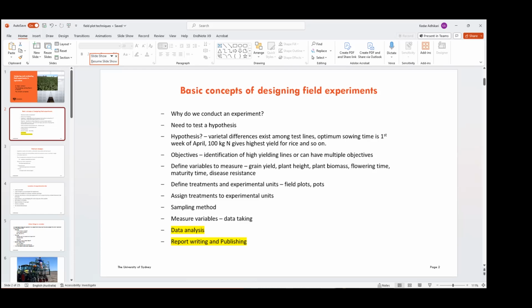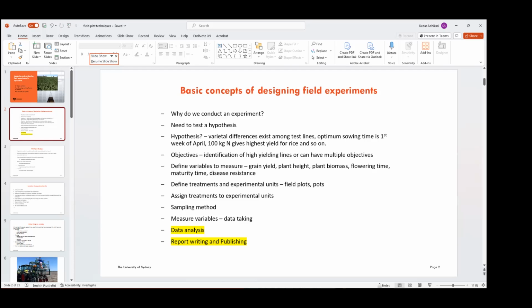Then you have to assign those treatments to experimental units, and the experimental units can be field plots, or if it is a glasshouse experiment, it can be pots. And then you take the samples, that's what is data.